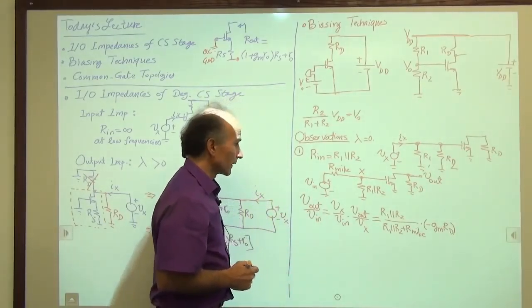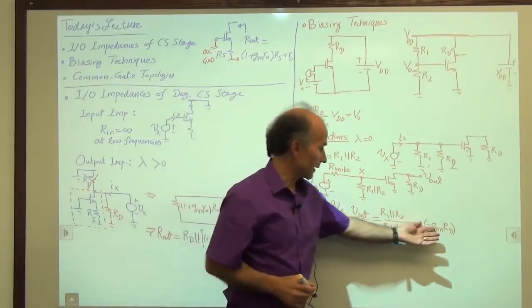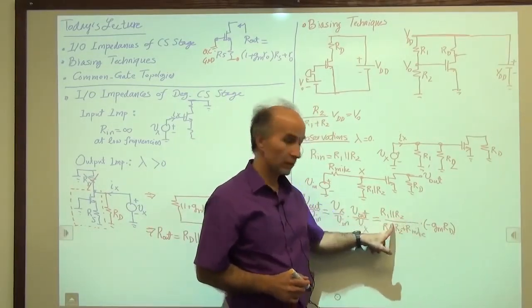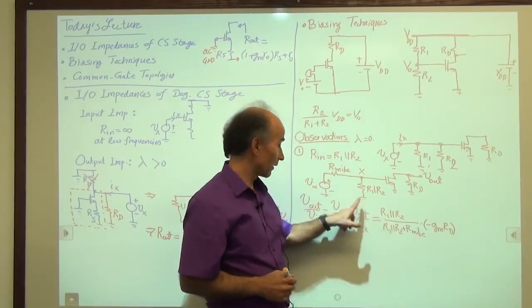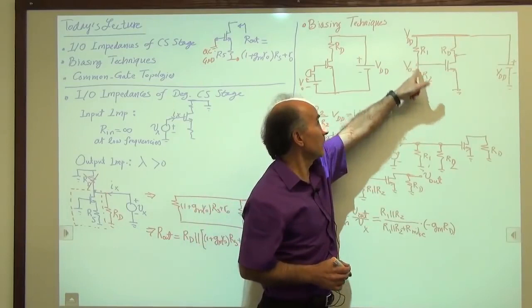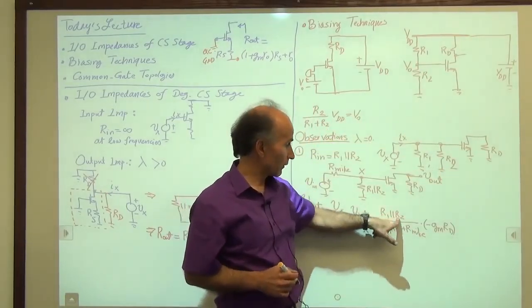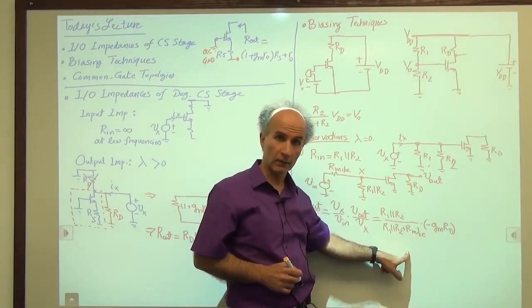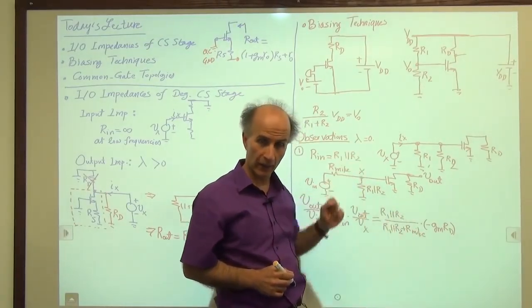Okay, so what we see here is that we have an attenuation factor as a result of these two bias components. If we didn't have the bias components at all, R1 over R1 in parallel with R2 would be infinity. There would be no attenuation between the microphone and R1 and R2.